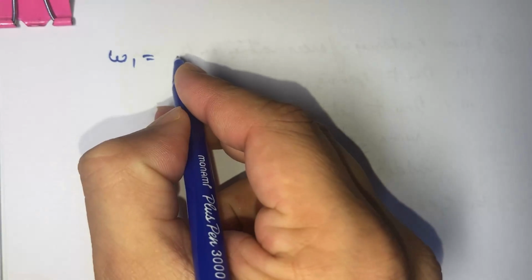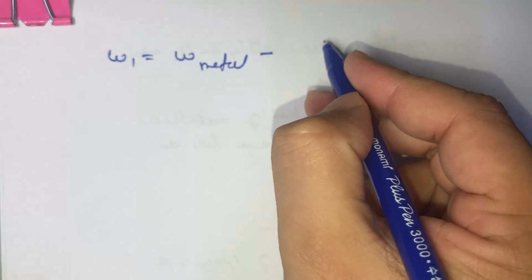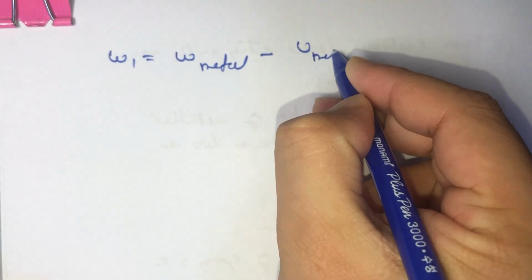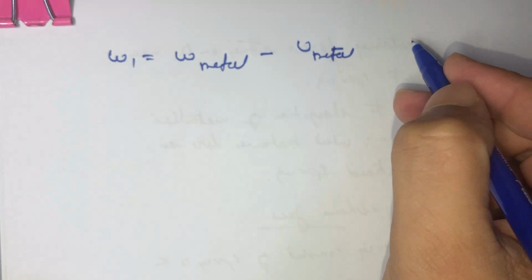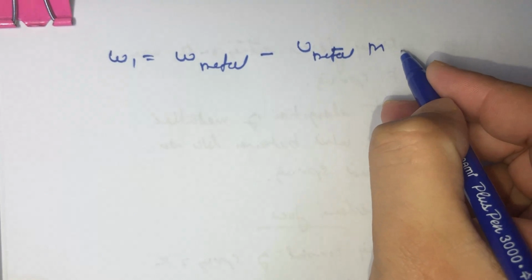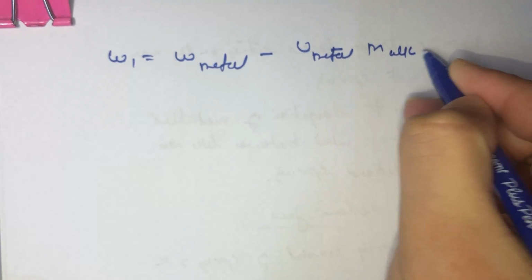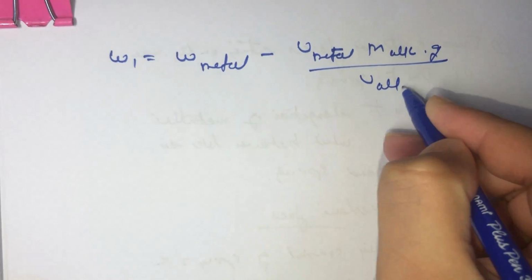So we get W1 is equal to W metal minus V metal, and for density we can write M alcohol multiplied by G and divided by V alcohol.